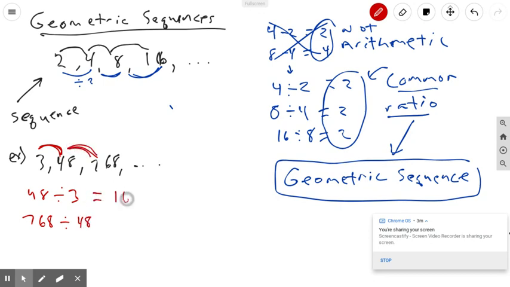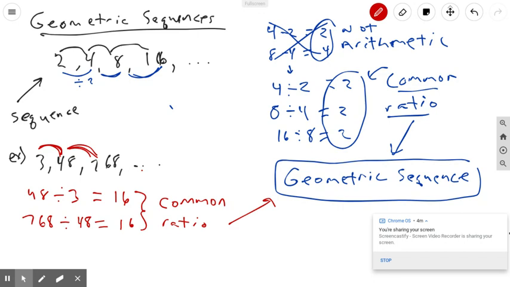When I do that, I get 16. If you plug that in somewhere, you'll get a 16, and you could go on. But because of that, I see that I have a common ratio. And because I have a common ratio, this thing is geometric.